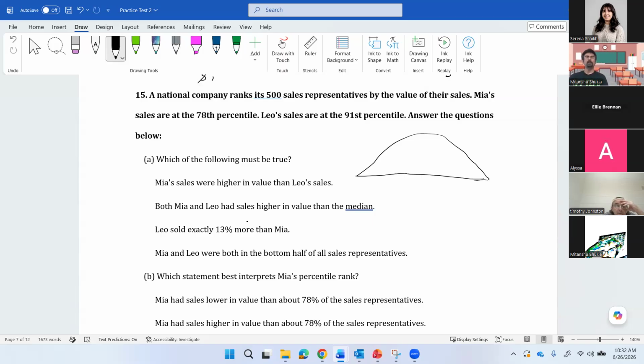When they tell me that Mia's sales are in the 78th percentile, I know Mia is somewhere over here to the right of the median. And Leo's sales are in the 91st percentile, so I know Leo is somewhere over here.